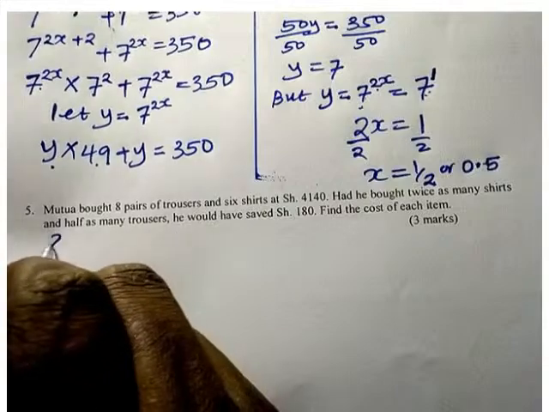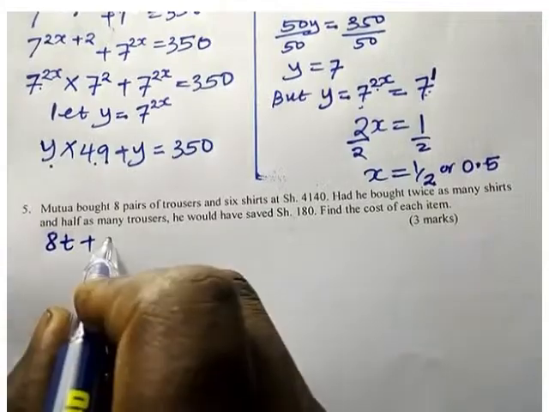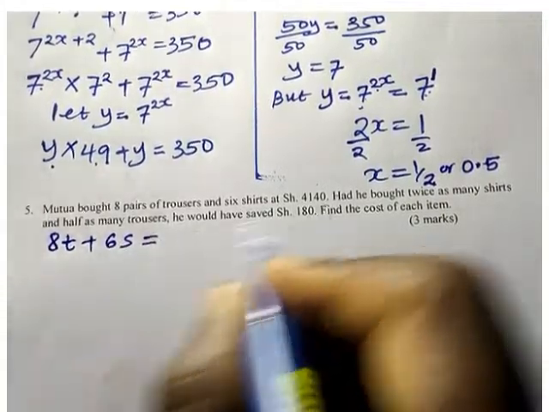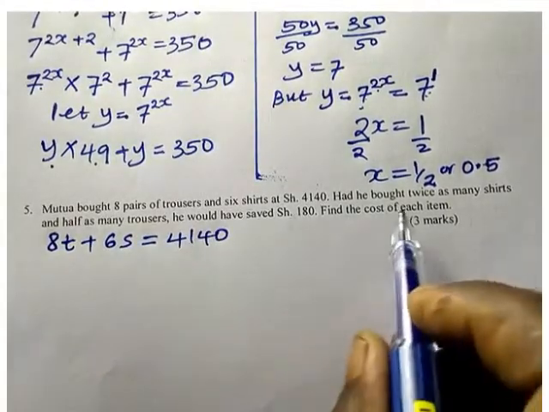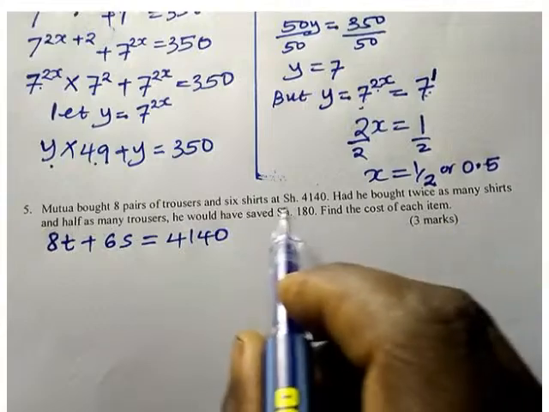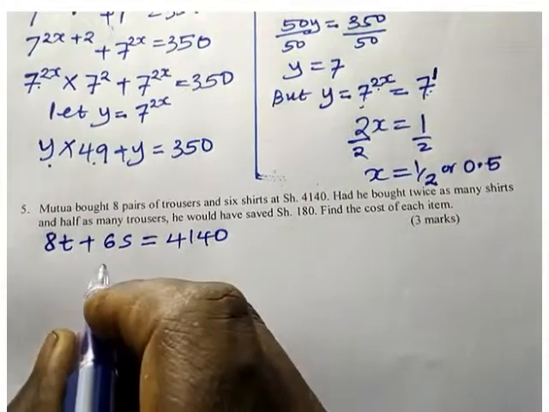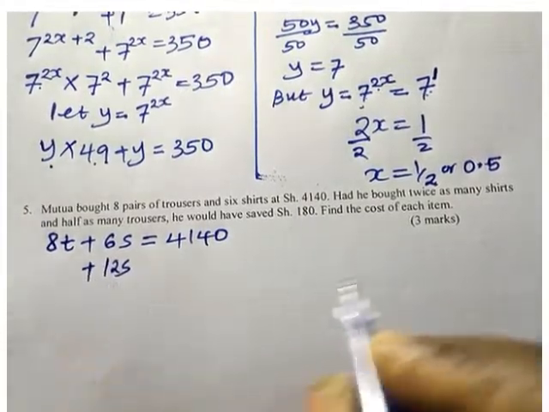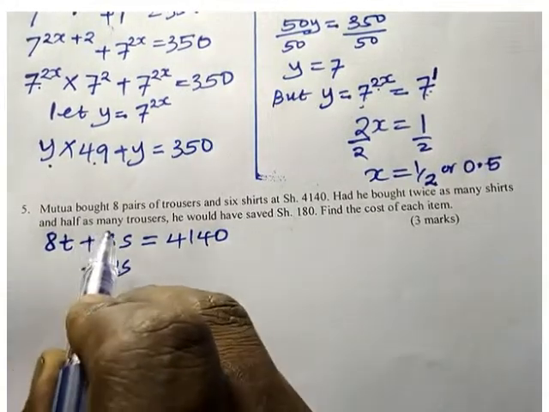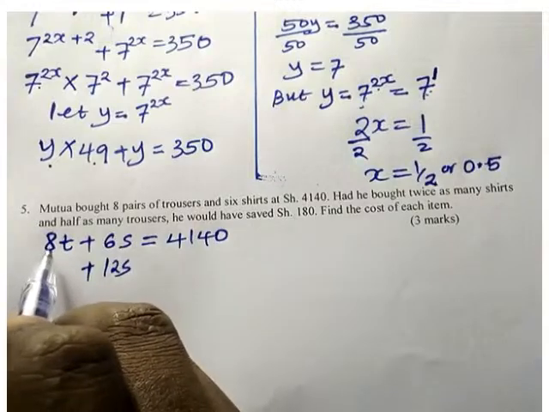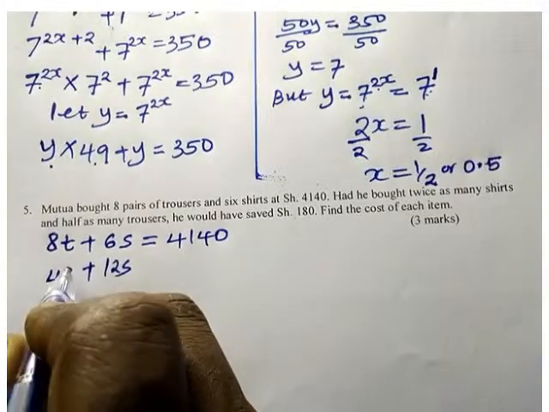So he bought 80T, that is trousers, plus 6S shirts, and paid 4,140. Had he bought twice as many shirts, so the shirts were 6, had he bought 12, now 12S, plus half as many trousers, half of 8 is 4, that is 4T.